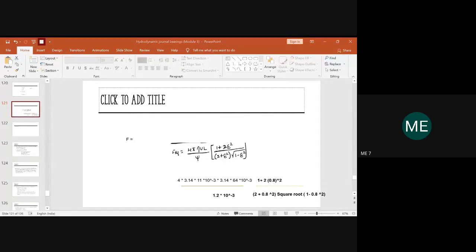Be quick, we need to complete one more step. Kindly please let me know the value of F, how much we are getting the frictional force.